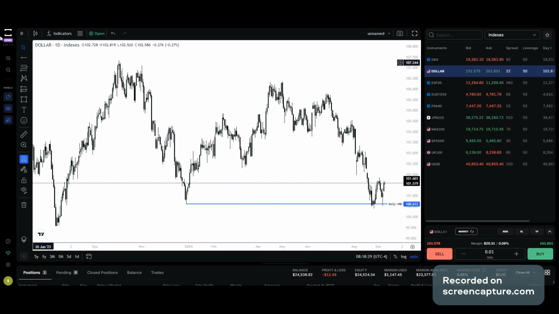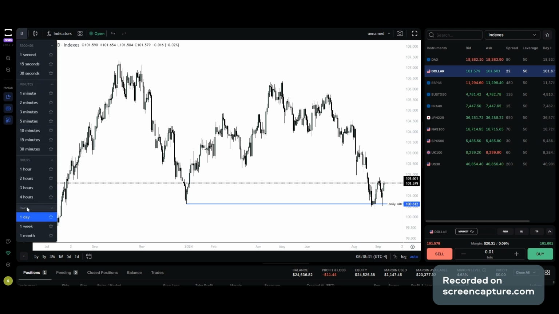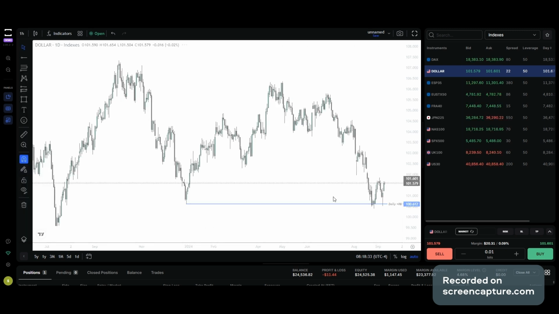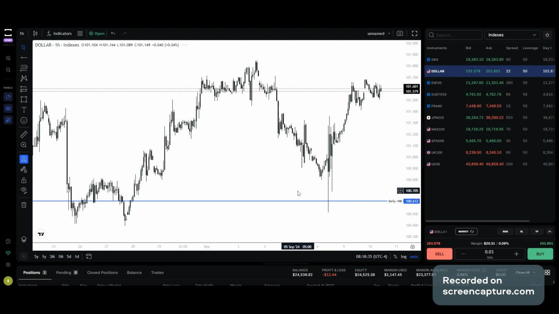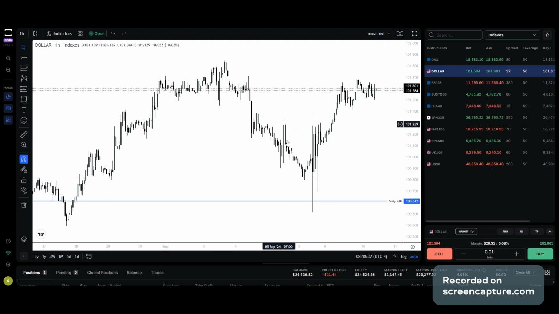Okay. And then we go from the daily to the 1 hour for time frame alignment. We can see here huge displacement above this short-term high here. Price came back. Okay, didn't quite get to 50% of this range. It turned right here.